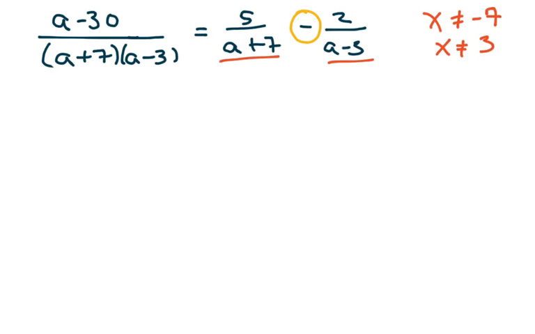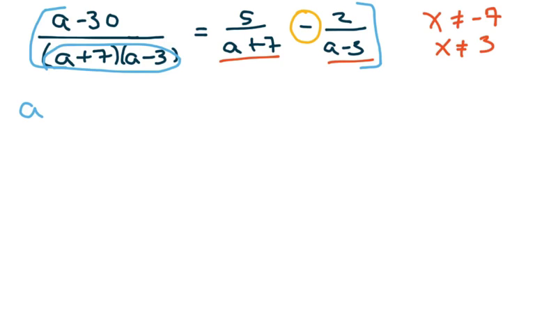I'm going to take this and multiply this whole thing by my LCD. My LCD is this. So when we multiply, let me see if I can fit it in. I'll just rewrite it.